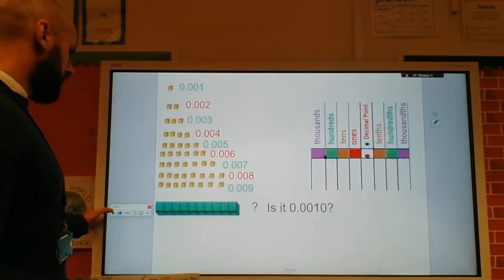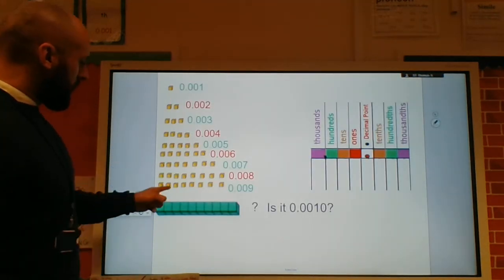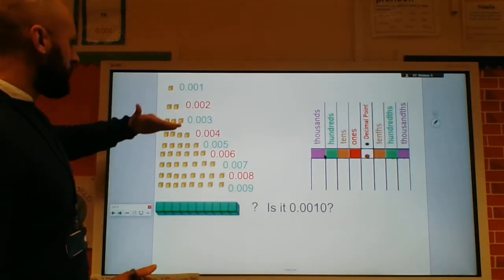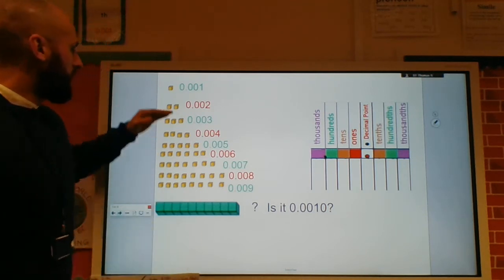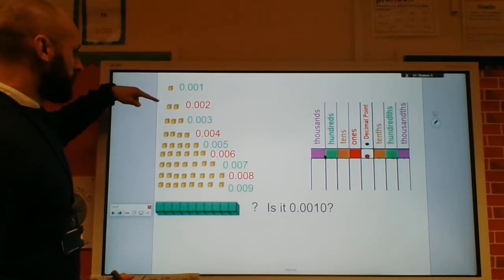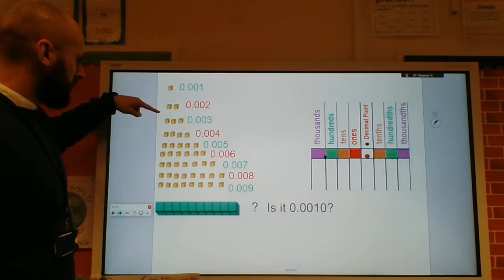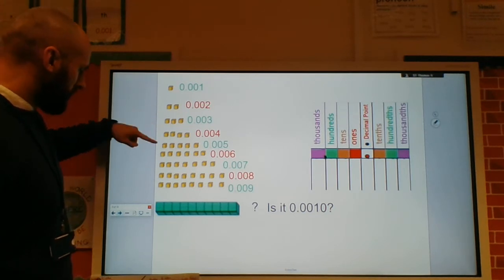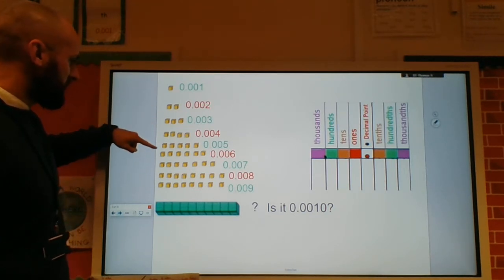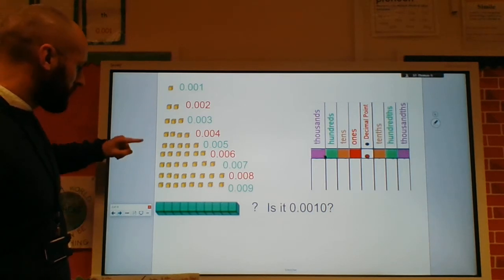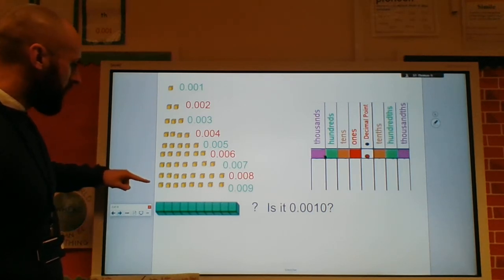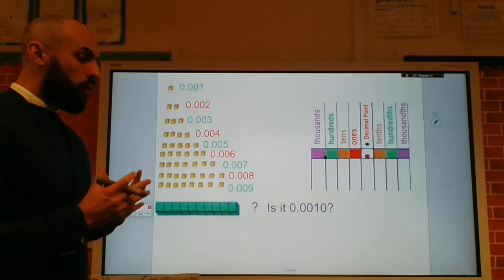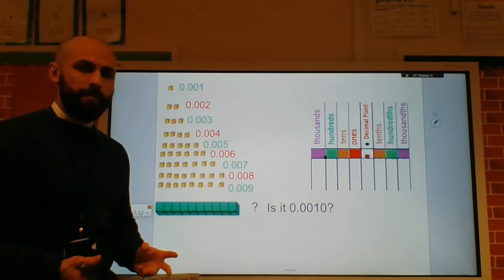So these squares, if I continued to count up the squares, I'd have 1,000th, 2,000ths, 3,000ths, 4,000ths, 5,000ths, 6,000ths, 7,000ths, 8,000ths, 9,000ths. But what happens when I get to 10?